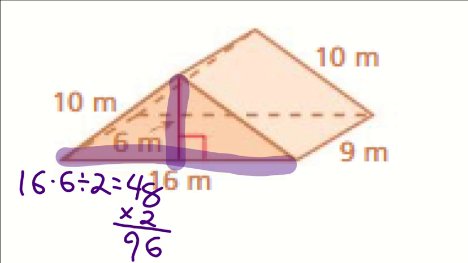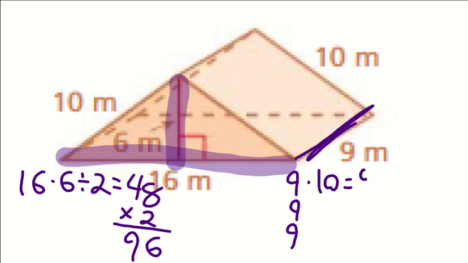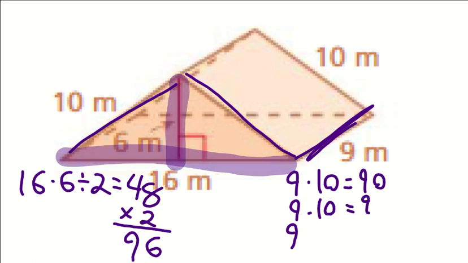All right, now what number is connecting the rectangles? 9. The 9 goes from triangle to triangle. So the 9 is getting used for all three rectangles, and we're just using the sides of the triangle. So 9 times 10, 90. 9 times 10, because this one's 10 and this one's 10, is 90. 9 times 16, 144.